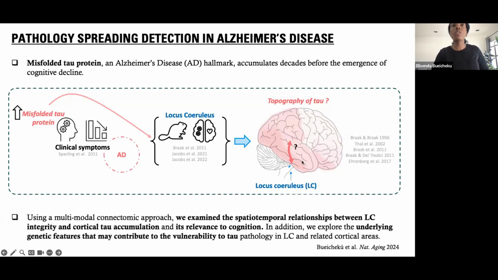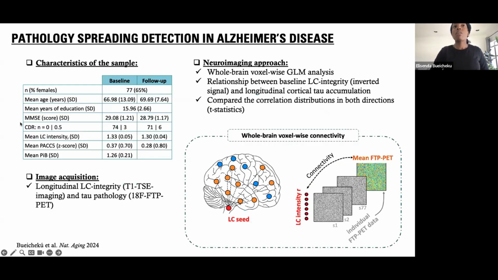In this research, we used anatomical MRI as a proxy to investigate how changes in the structure of the LC were related to tau accumulation in the brain. We had around 75 individuals, and we have 2 images in both MRI and in tau PET.